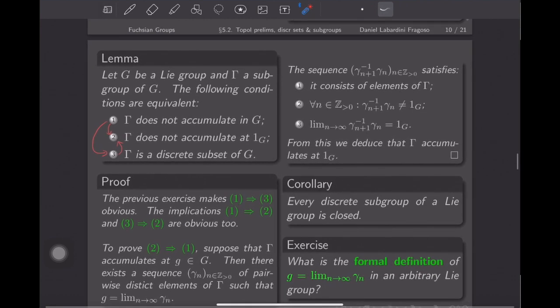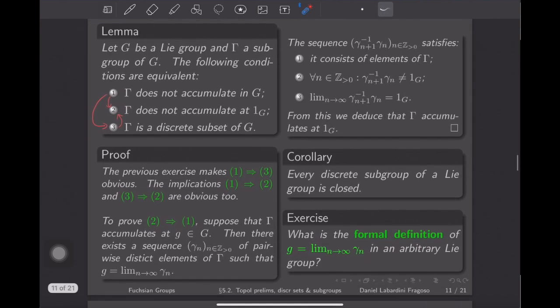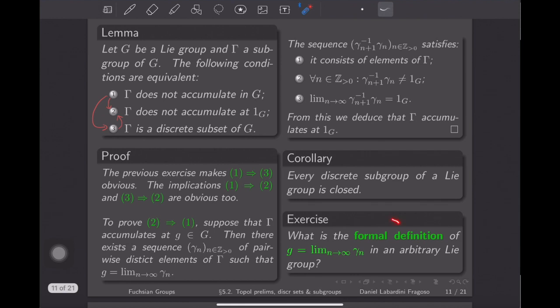Right? I mean, of course, if you think for a general Lie group, then there are some things that I have to justify, right? What does it mean to converge in an arbitrary Lie group?